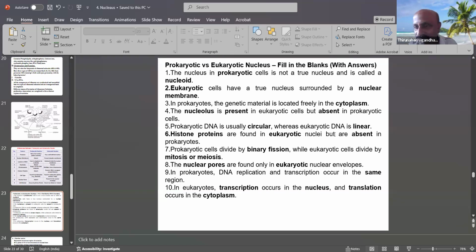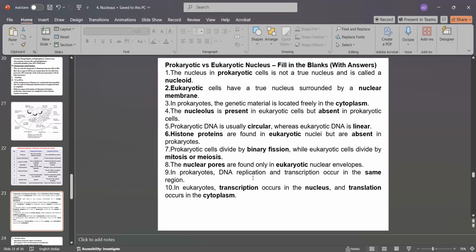Histone proteins are found in eukaryotic nuclei but are absent in prokaryotes. Prokaryotic cells divide by binary fission, while eukaryotic cells divide by mitosis or meiosis. Nuclear pores are found only in eukaryotic cells.